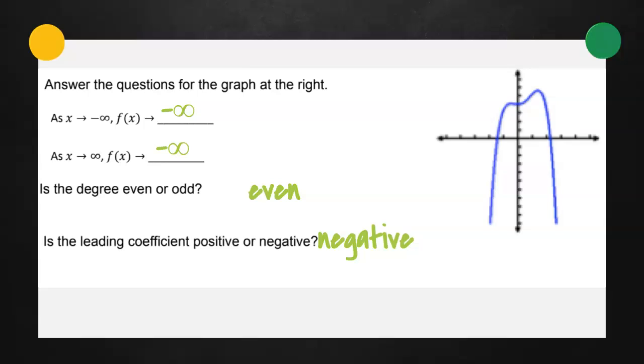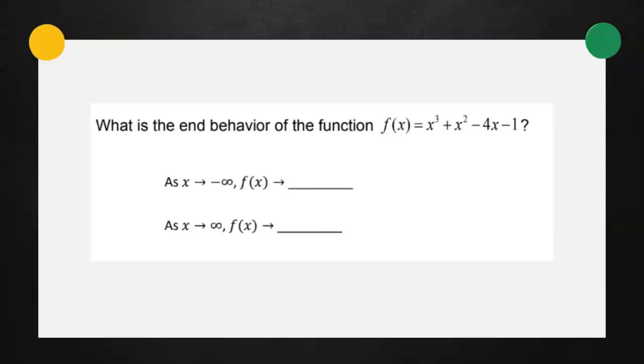Now, if I give you an equation instead of a graph, you can still use the same process to help you. Looking at the end behavior of this function, two things you should notice. The first thing is that you have an odd degree. That degree is 3, and you have a positive lead coefficient. That's the imaginary 1 that's in front of the x cubed term. Now, with an odd degree, you know that your basis is a line, right?